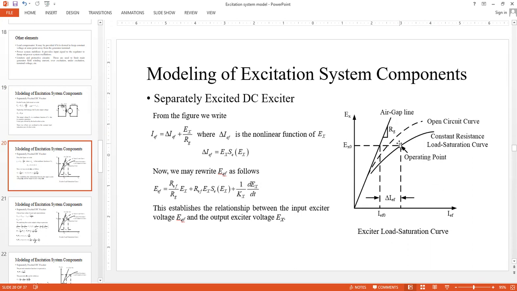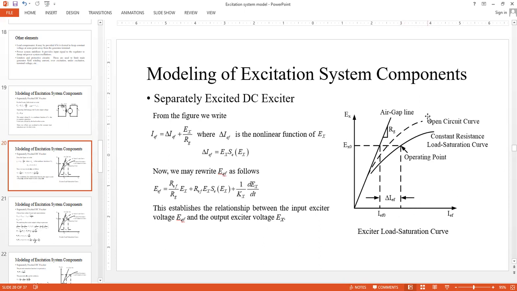We talked about the operating point, and we intentionally chose an operating point which lies on the load saturation curve. This operating point could be obtained if we decomposed this value of current here.